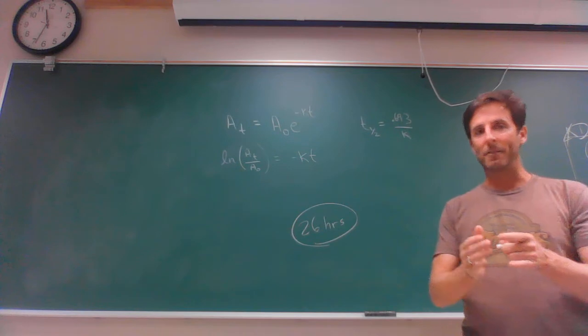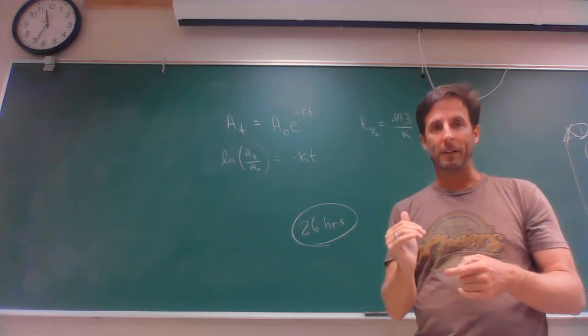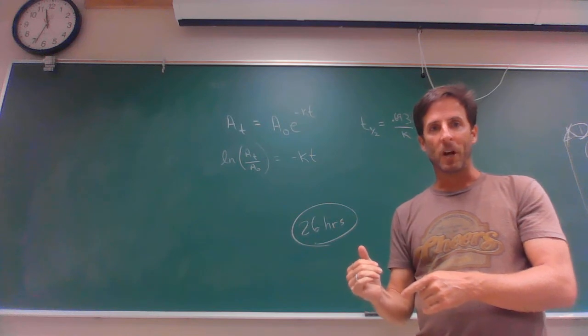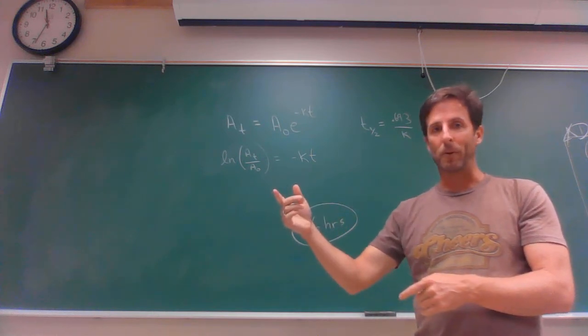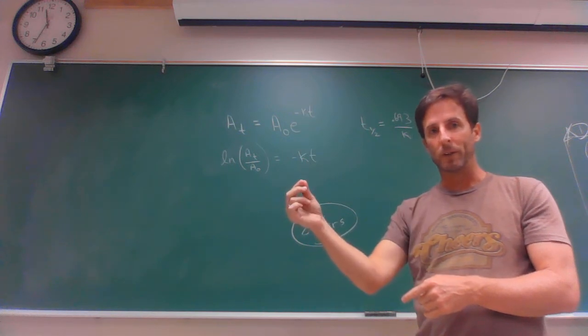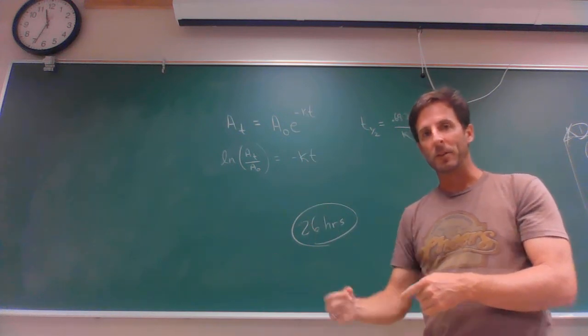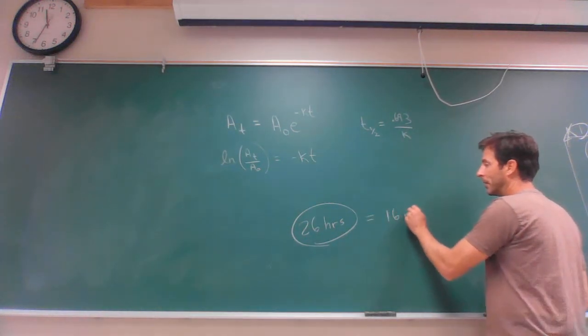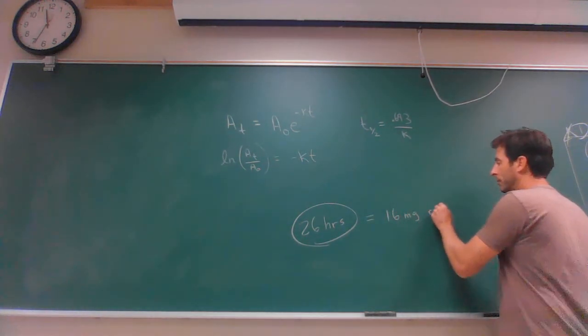After one half-life, I would cut the amount of sample in half. After the second half-life, I'll cut it in half again. So the amount of sample is going to be 64 milligrams divided by 2, and then divided by 2 again. So after 26 hours, I'm going to have 16 milligrams remaining.